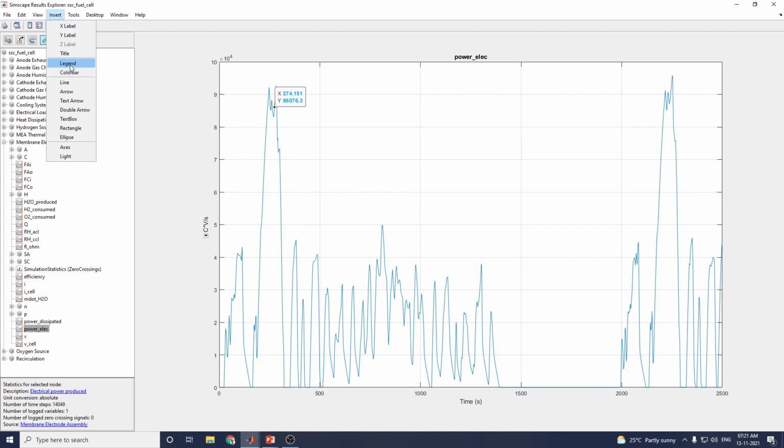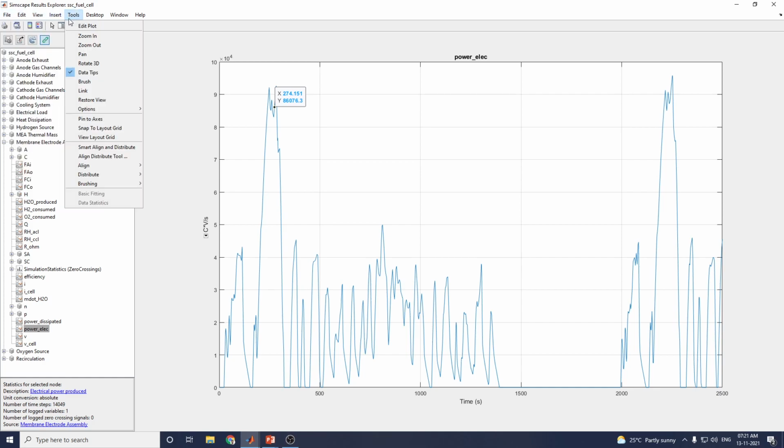You can also give the legend, what the line is. You can draw the arrow, draw the line, and add text. Finally you can save the figure. The Windows edit plots tab is also there. You can zoom in the plot, zoom out the plot, rotate in 3D, and brush links. Also you can set the link.